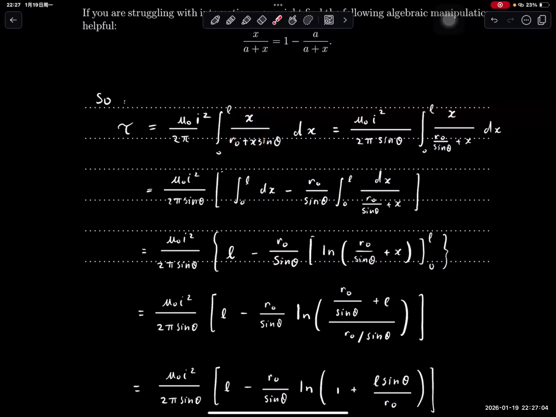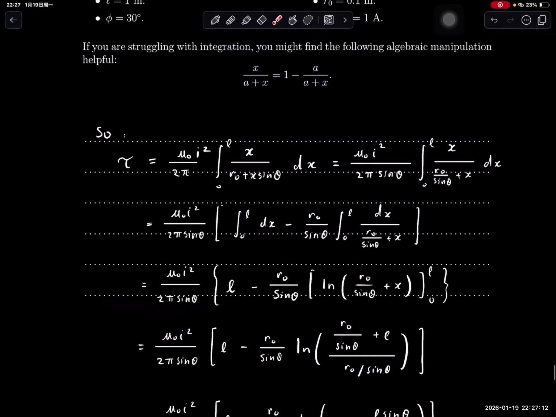This is a fraction function, with a numerator and denominator that are polynomials in terms of x to the power of 1. We could use partial fractions. You could notice that yourself, or we could try something different. We could try using this substitution right here. Just some integration techniques.